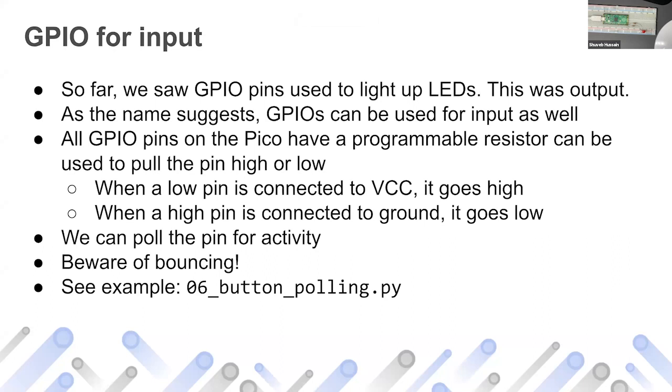So that was output from the chip. You always think of GPIO from the perspective of the chip. When you are a chip and you want to glow an LED, you send the LED some voltage, of course some current. So that's output. But what if it were input?